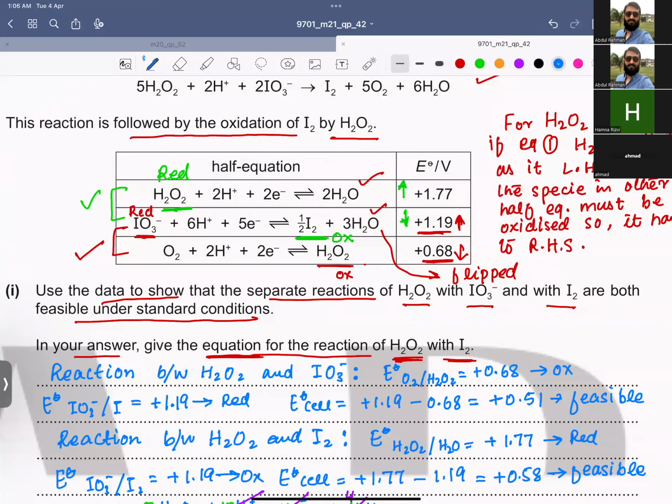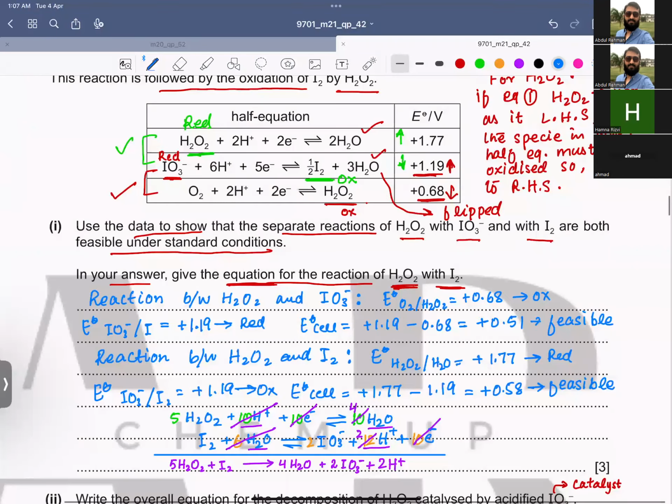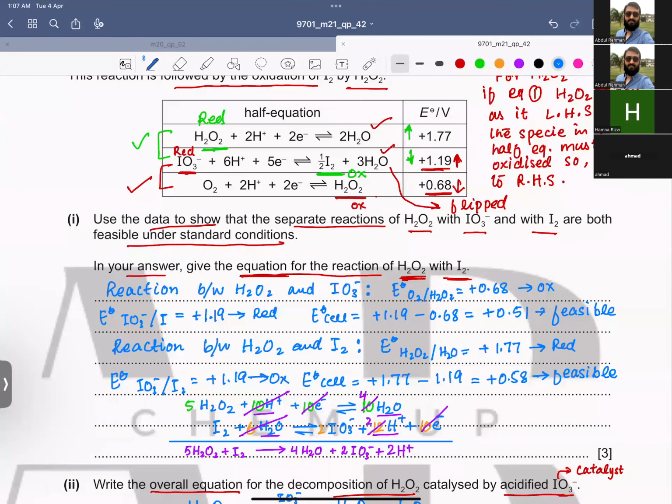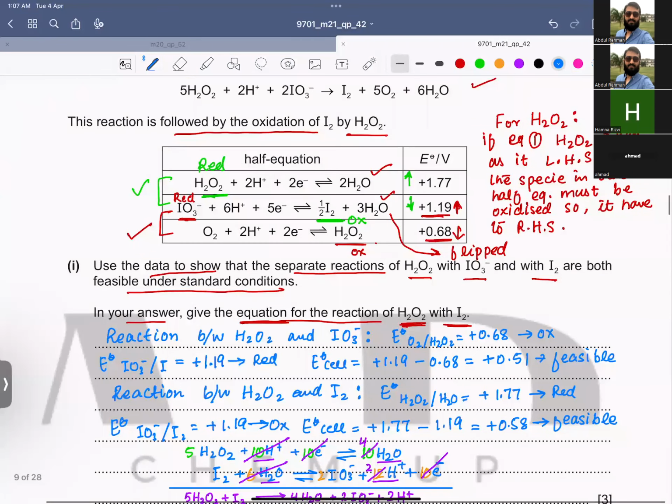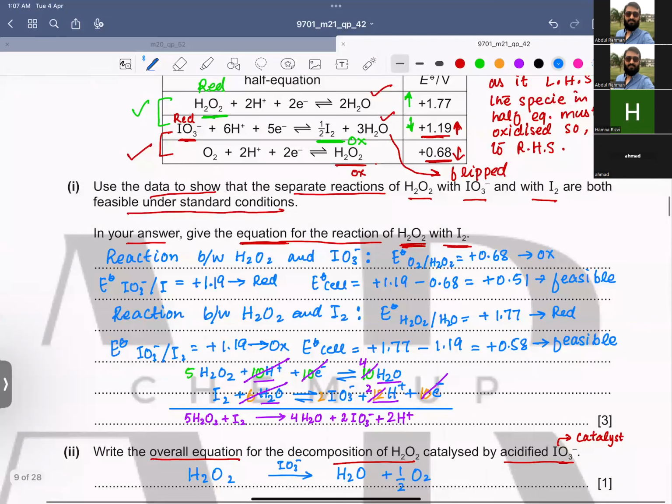If we compare the second equation and the third equation. Okay, let's have a look.